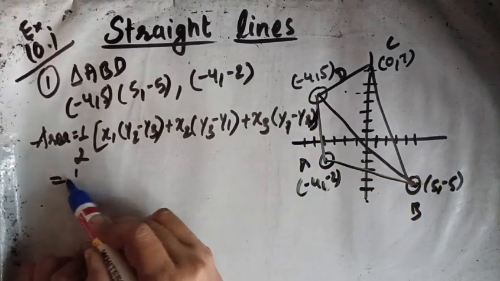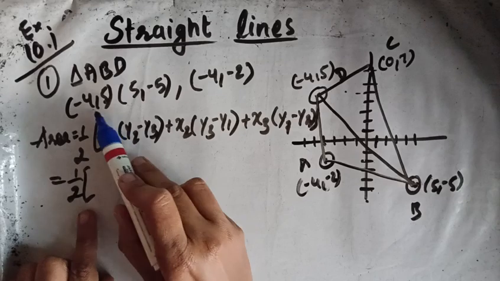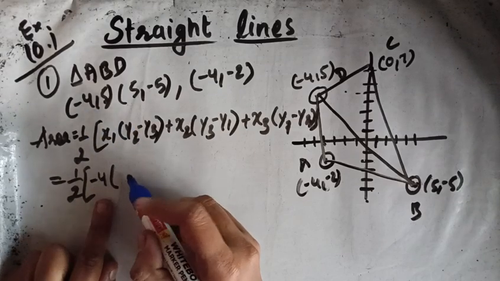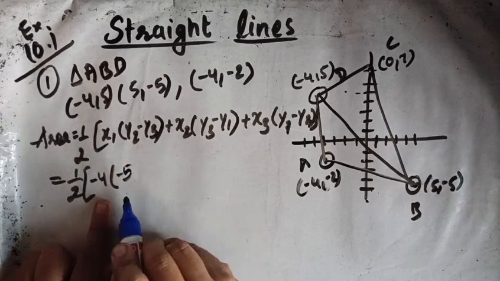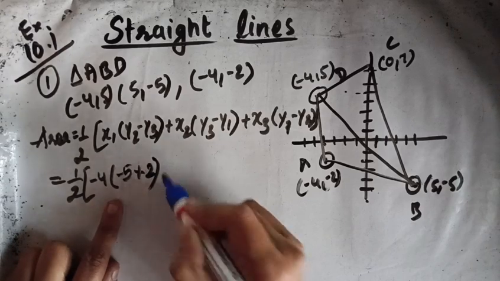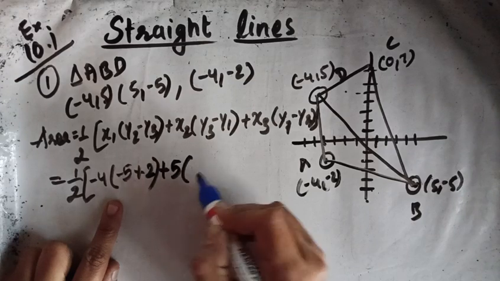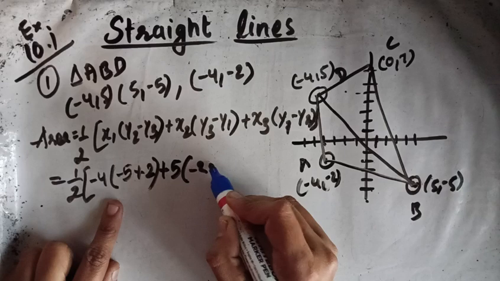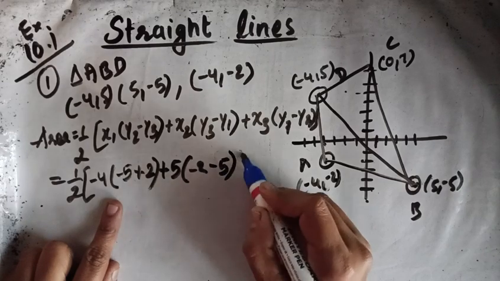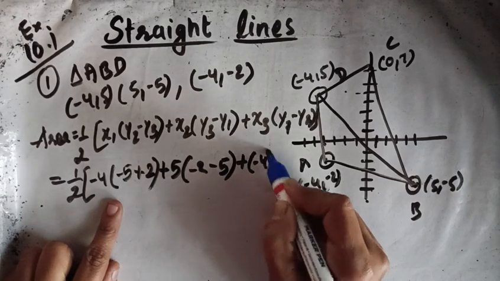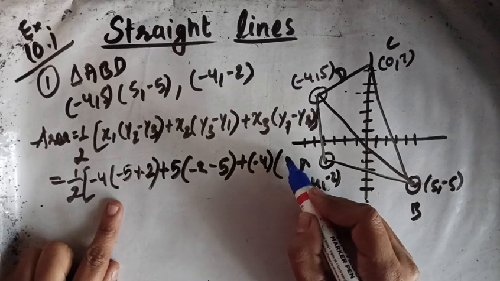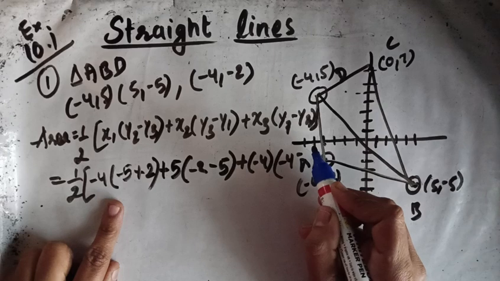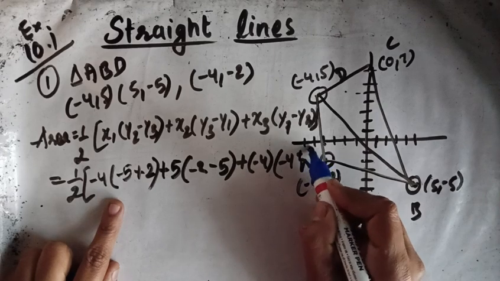Okay, so this is x1, y2, y3, x2, y3, y1, x3, y1, plus 1.